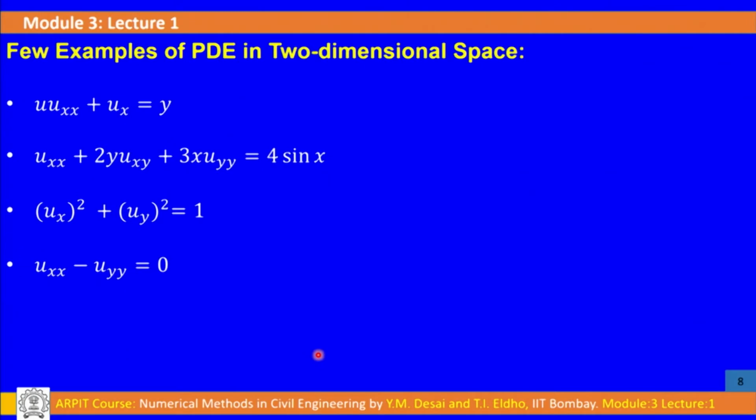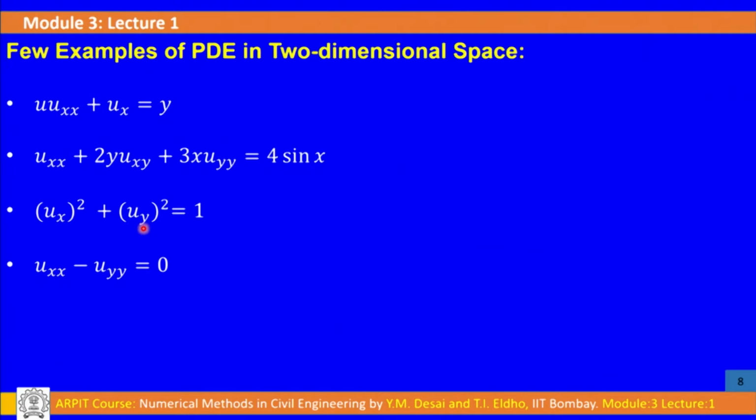Some examples of partial differential equations in two-dimensional space: del square u by del x square plus del u by del x equal to y; del square u by del x square plus 2y del square u by del x del y plus 3x del square u by del y square equal to 4 sin x.